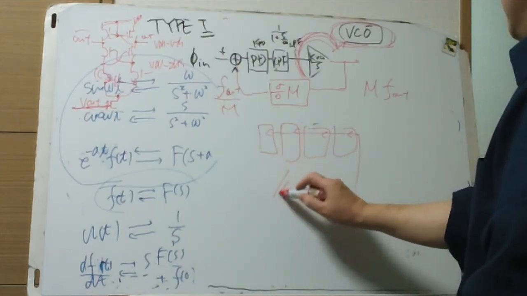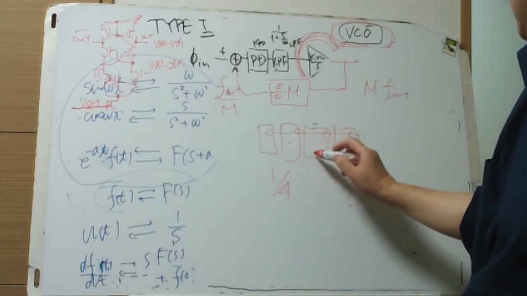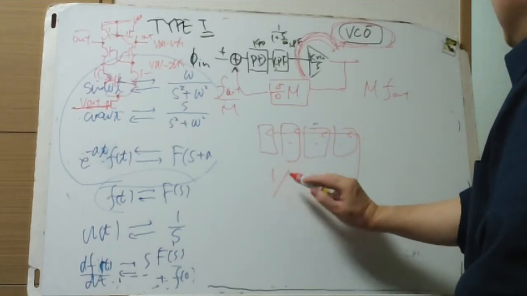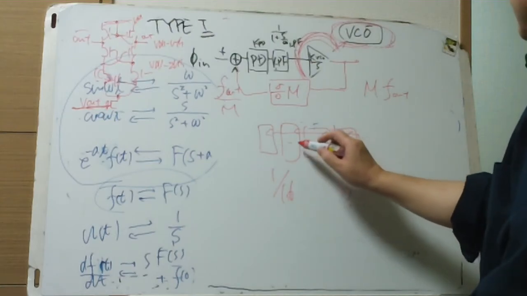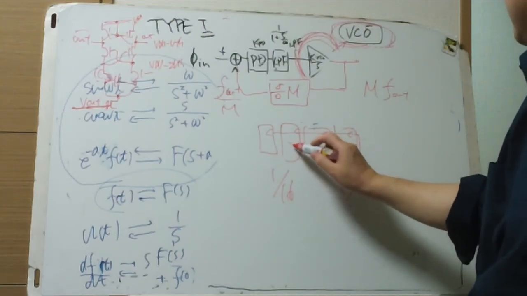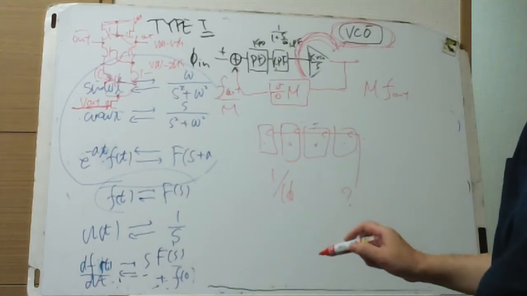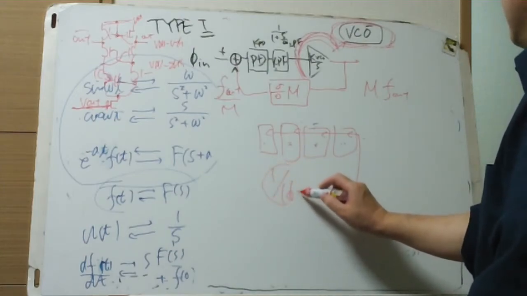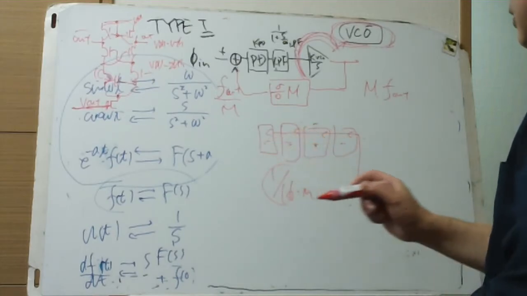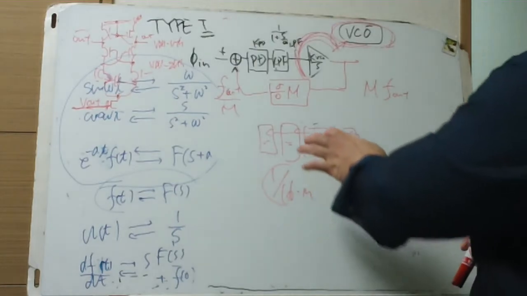This is divided by 4. This is divided by 16, half for 1/4, 1 over 8 and 16th. So M equals 16. There are 4 DFFs in between there.